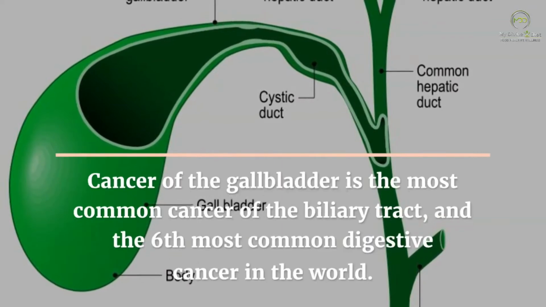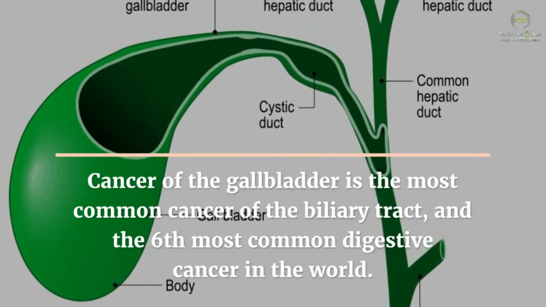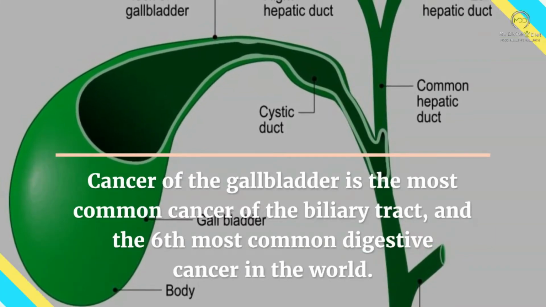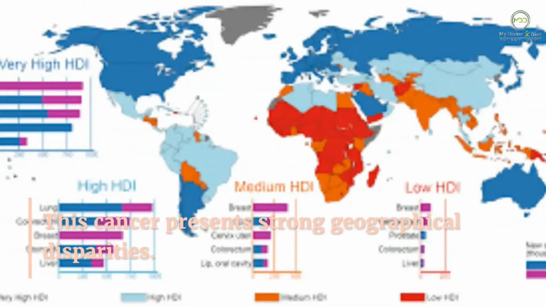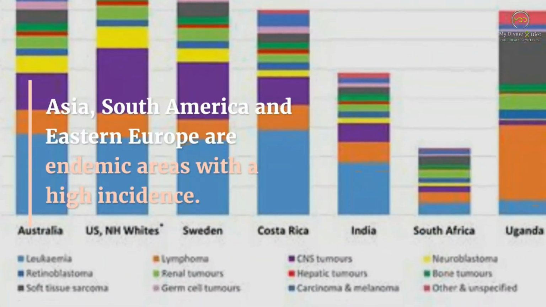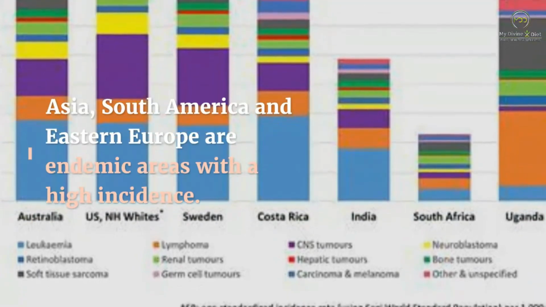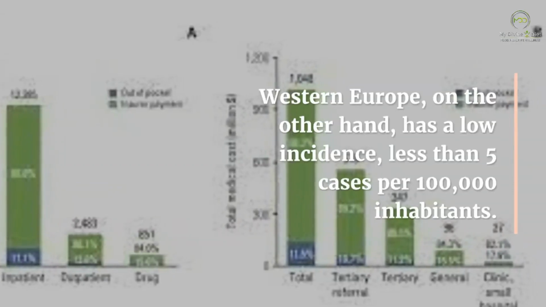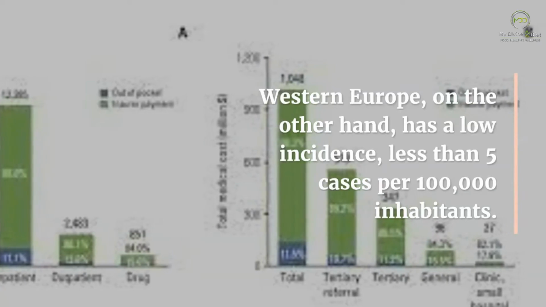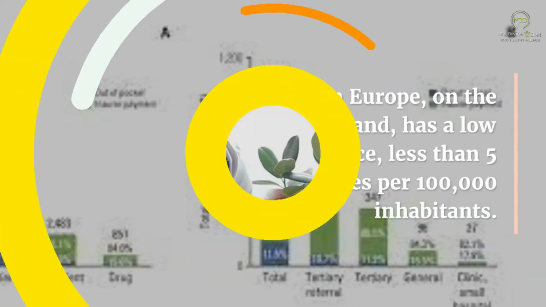Cancer of the gallbladder. Cancer of the gallbladder is the most common cancer of the biliary tract, and the sixth most common digestive cancer in the world. This cancer presents strong geographical disparities. Asia, South America, and Eastern Europe are endemic areas with a high incidence. Western Europe, on the other hand, has a low incidence, less than 5 cases per 100,000 inhabitants.